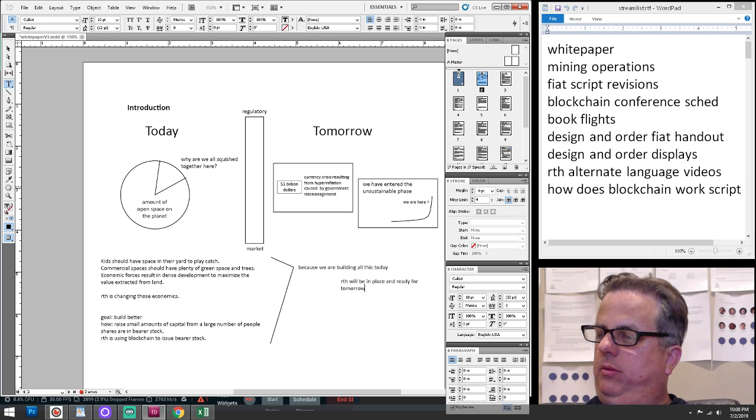So when the time comes, it's effectively just a flip of the switch.